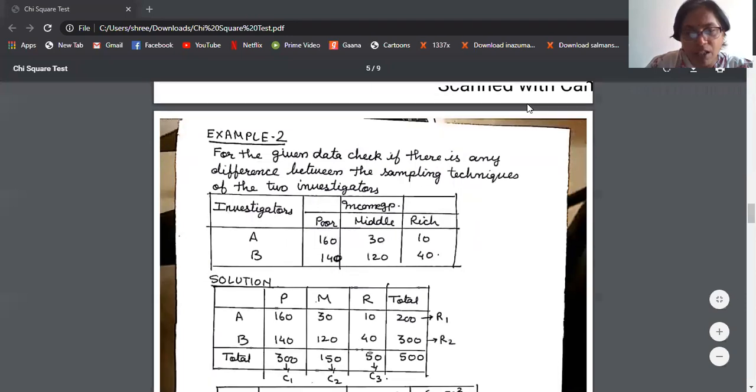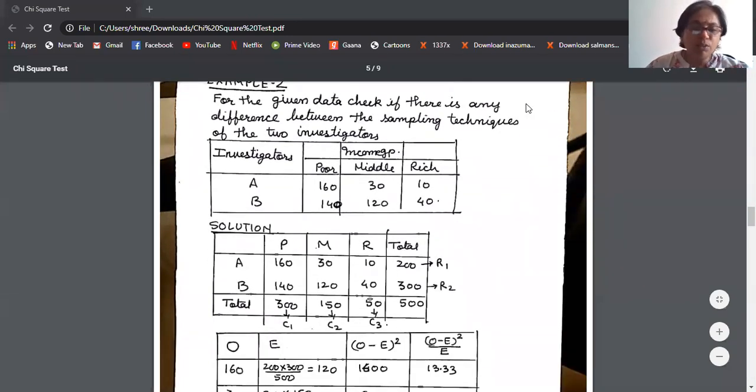Okay, so this was the question. The first thing that you're going to do is find out the row total and the column total. I have just written poor, middle, rich as P, M, and R. So find the column total. I'll wait. You try it on your own and check the totals here.